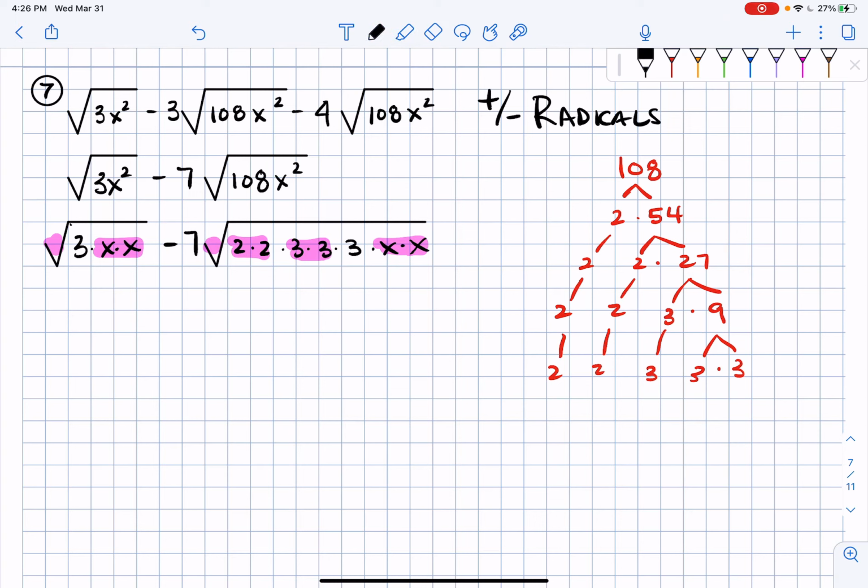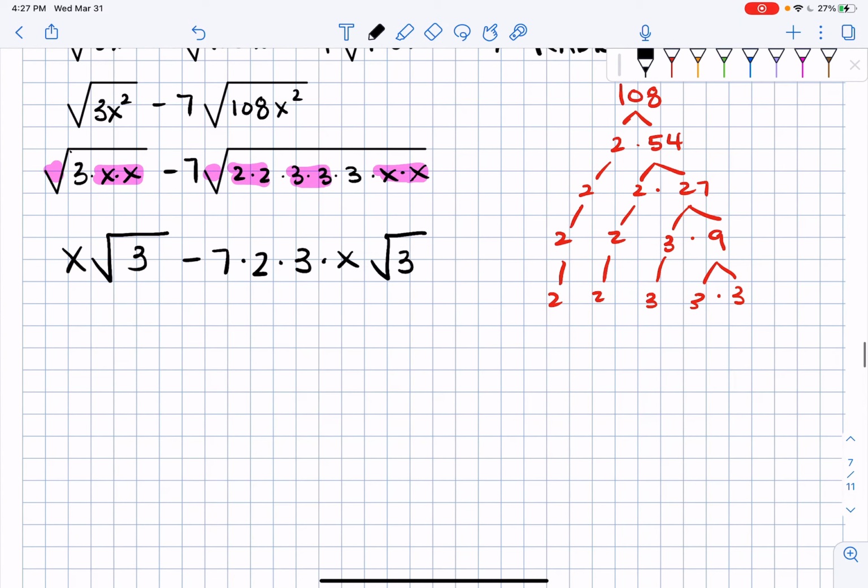So the x can come out with a square root of 3 minus 7 times a 2 comes out, a 3 comes out, and an x comes out. And all I have left under the square root is just a 3. Awesome. So I have x square root of 3 minus 7 times 2 is 14 times 3 is a 42 x square root of 3.